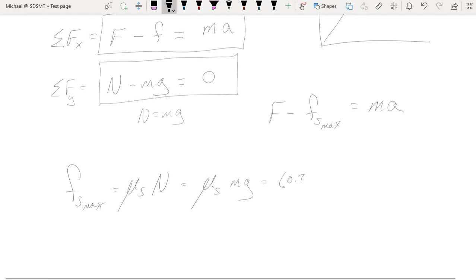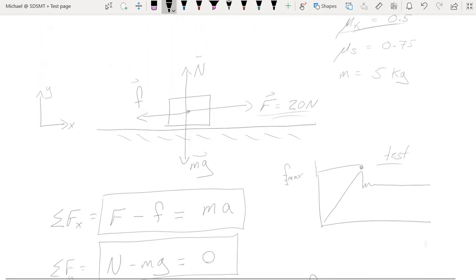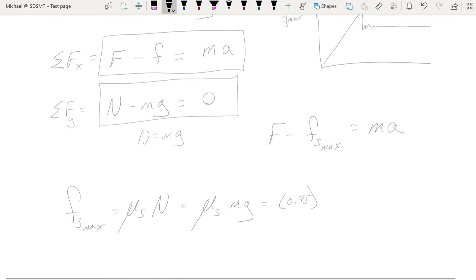You can plug all of our numbers in now. 0.75 for the static coefficient. We've got 5 for the mass. We've got 9.8 for gravity.